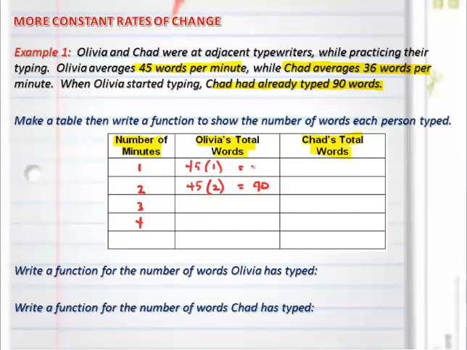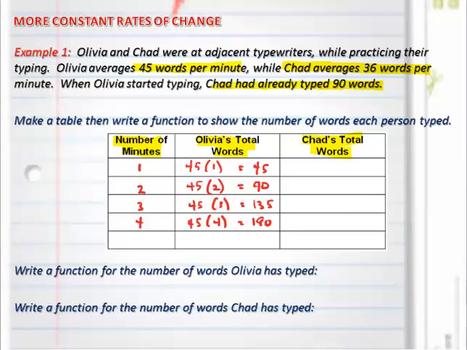After 3 minutes, she would type 45 words each minute for 3 minutes, and that'd be 135 words. After 4 minutes, she typed 45 words four times, so 4 times 45 would be 180 words. Okay, so that's for Olivia.